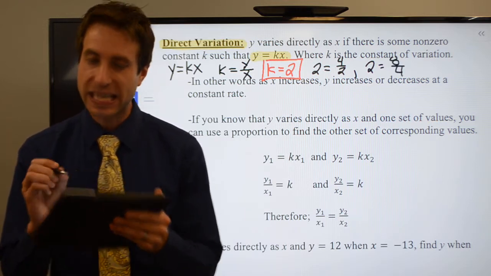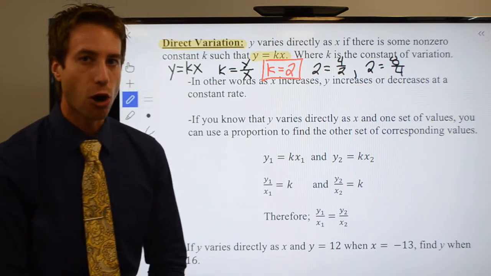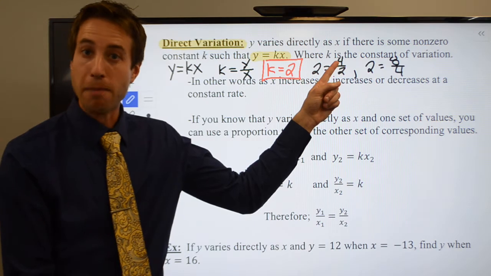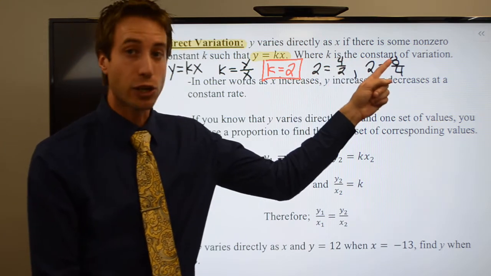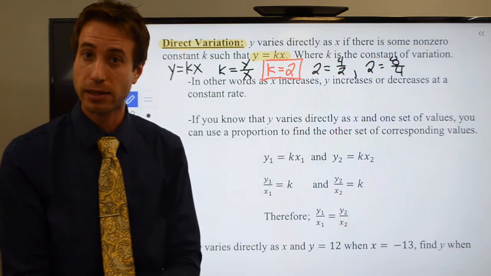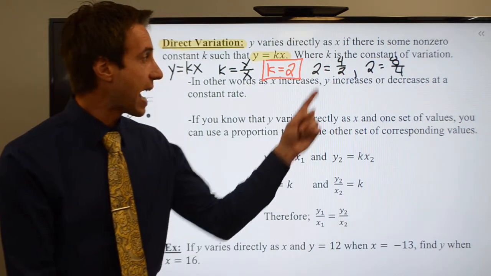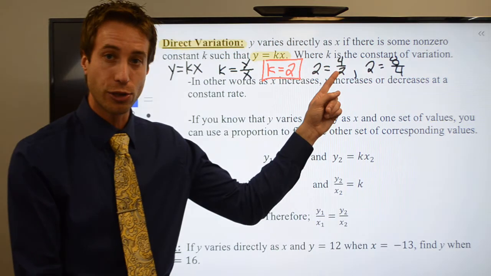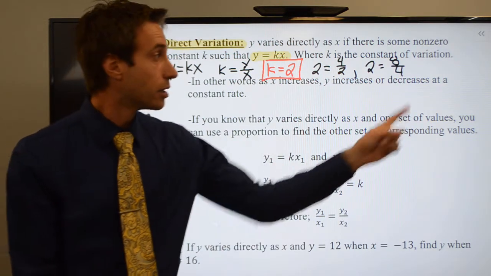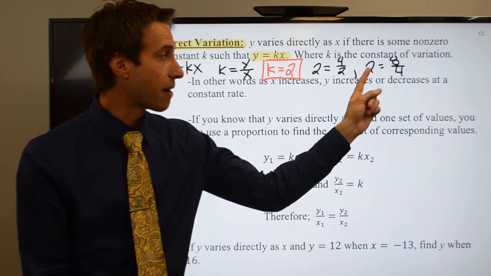And now we can begin to see why it's called direct variation. Please notice that my y value was 4. My y value has increased. It's gone up to 8. My x value has gone from being 2 and has also increased to 4, so that 8 divided by 4 is equal to 2.